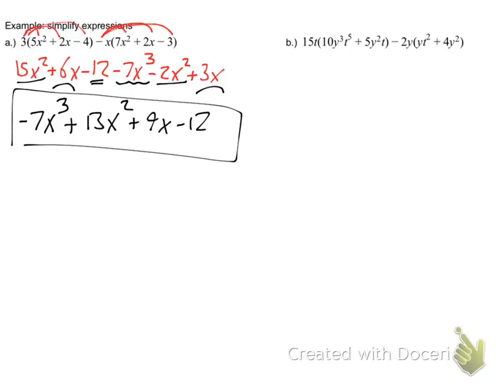Next problem. I'll give you guys a couple seconds to work on that one. That one's an interesting problem. Okay, so what am I going to do with this one, guys? Distribute the 15t.